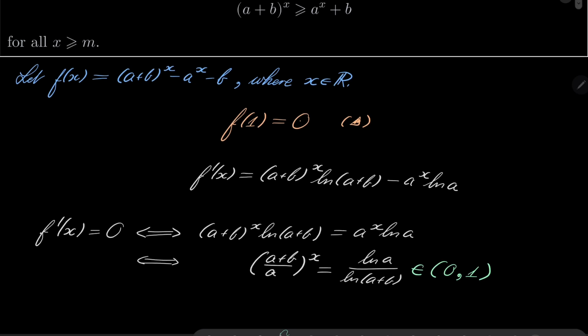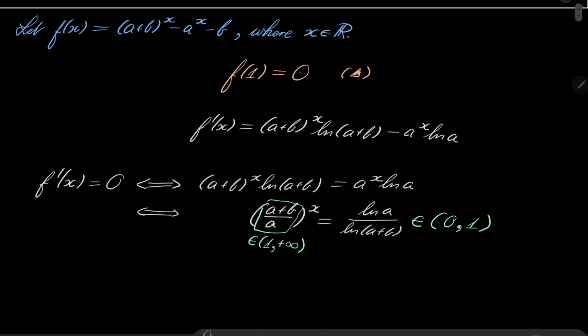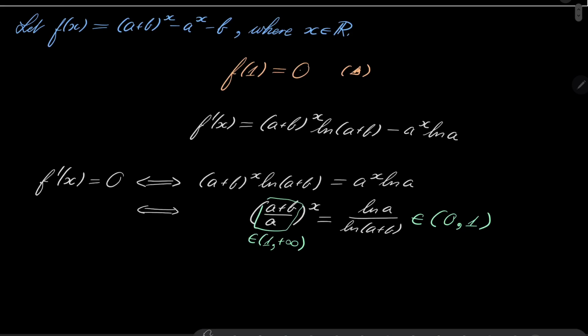And notice that natural log is an increasing function, so the denominator is greater than the numerator, since b is greater than 0. Also, this number (a plus b) over a is definitely from 1 to infinity, which means that x is negative.